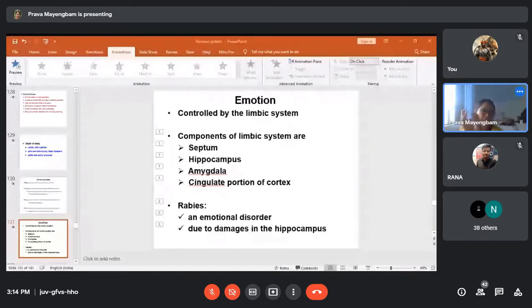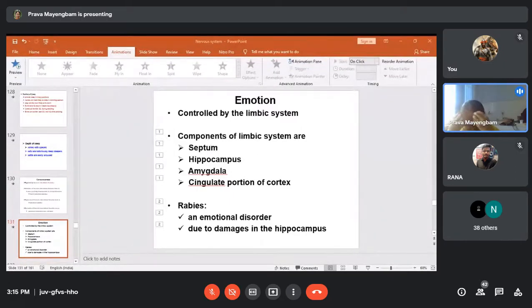Rabies is one such condition. It is a disease caused by the rabies virus. In this, the virus gets lodged in the hippocampus. The hippocampus is a part of the limbic system, and because the virus eats up the hippocampus, it fails to do its normal activity. So the animal becomes emotionally imbalanced.